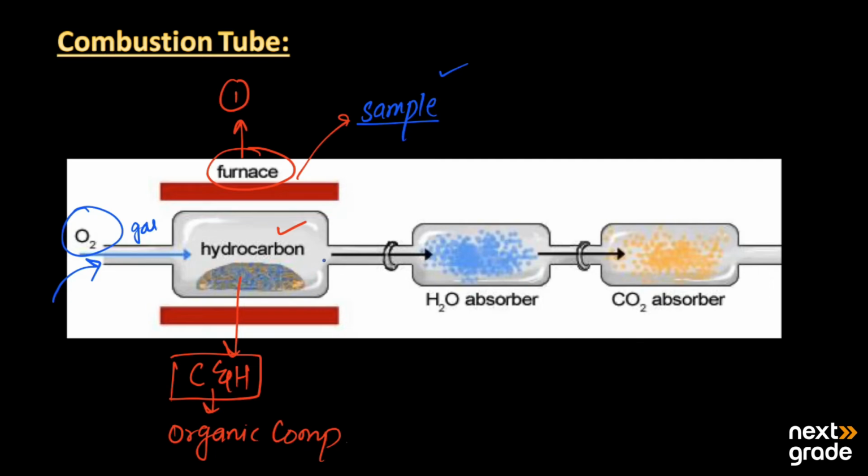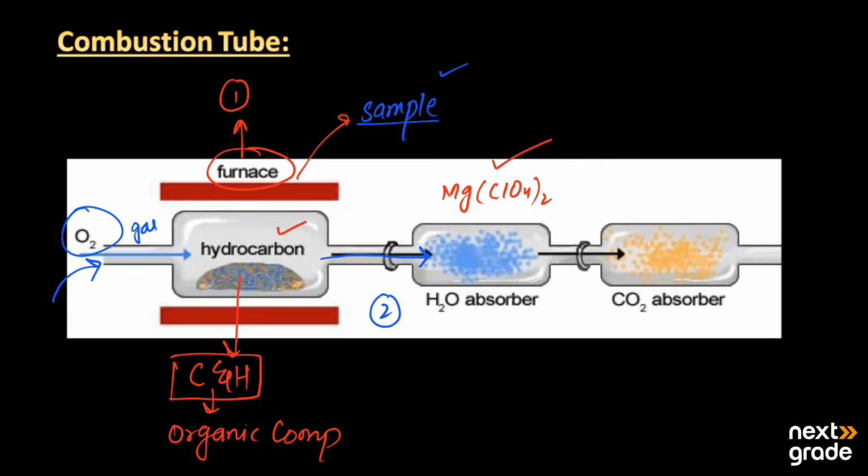After burning, the products pass into the second chamber, which is the water absorber. The water that is formed gets absorbed in this absorber, and here we use a compound called magnesium perchlorate, with the formula Mg(ClO4)2. So it absorbs the water.